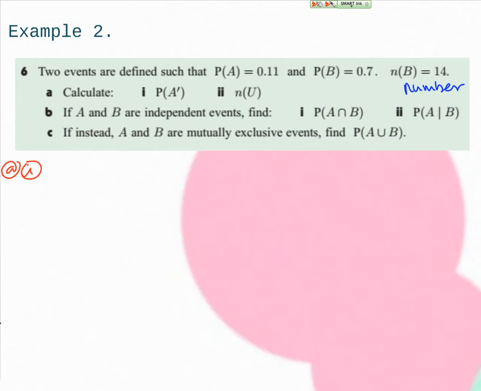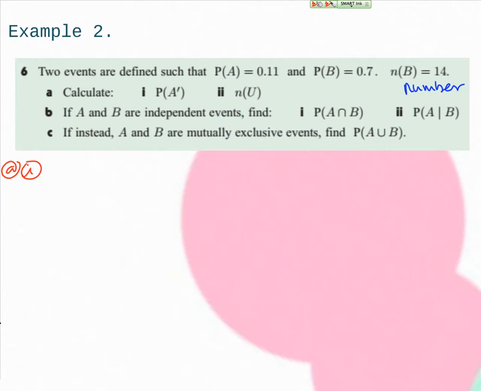So I'm going to use the formulas. Some of these you can do without that and just kind of using what you already know. But I'm going to use the formulas in case you forget something, you can always come back to this. So part A I says, calculate the probability of A prime. Now remember, that's the complement.